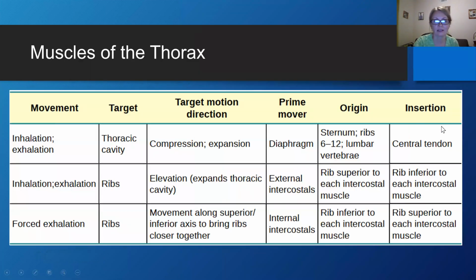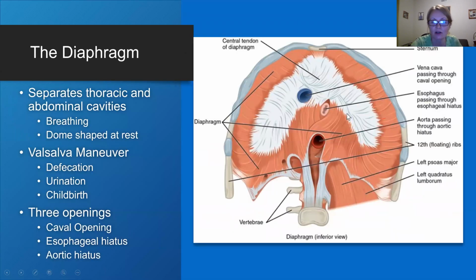That's why your diaphragm is involved in inhalation and exhalation, because of the compression and expansion of your thoracic cavity. That makes sense, right? So when you contract, you have a dome shape of the muscle, and when you contract, it becomes flat.